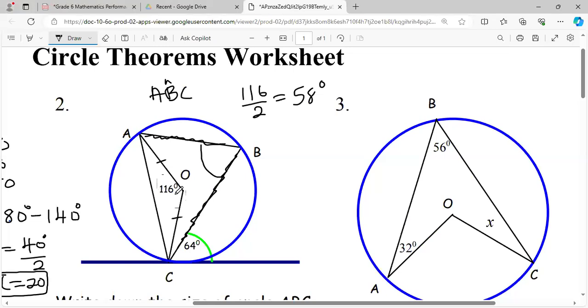So if this is 116, we can find the value of these two. So that would be 180 minus 116. Borrow 1 from this, so boom, we get 4. 1 from that leaves 6. So this becomes 64. So these two angles add up to 64 and we divide it by 2. So that means right here is 32 and here is 32.